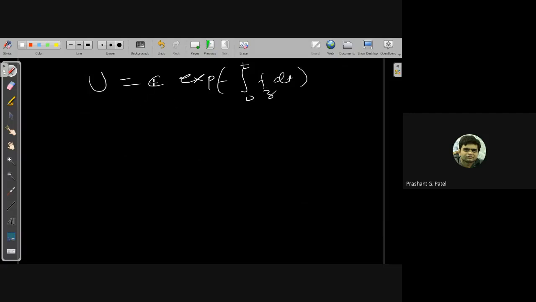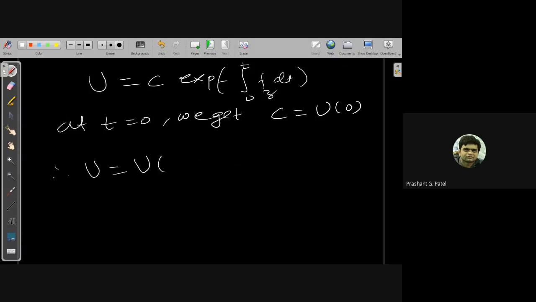But this value of c is nothing but the initial value. So at t equal to 0, c will be u of 0. Therefore we have u equal to u of 0 into exponential of minus integral from 0 to t of Fz dt. Now we use the condition that u is equal to 0 at t equal to 0.